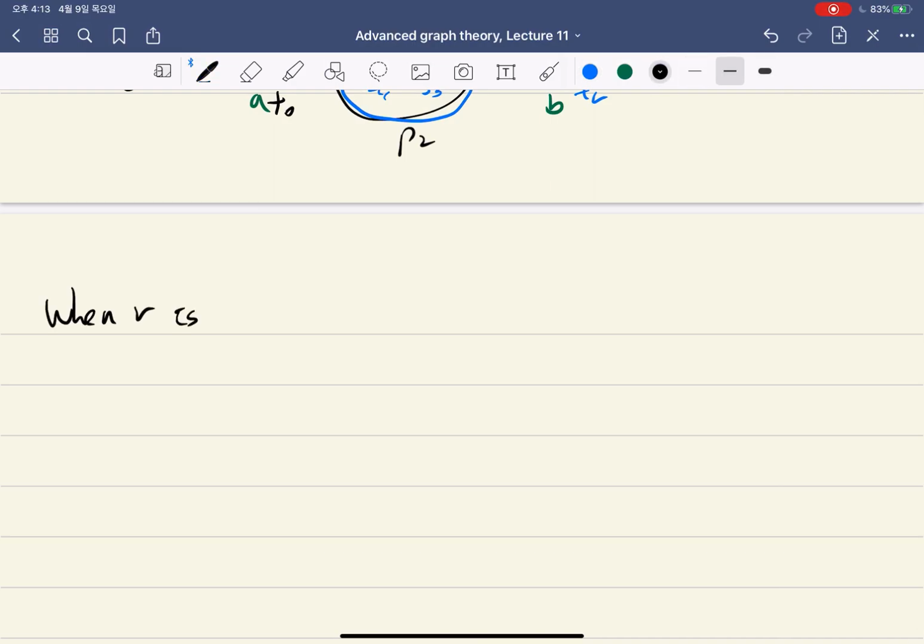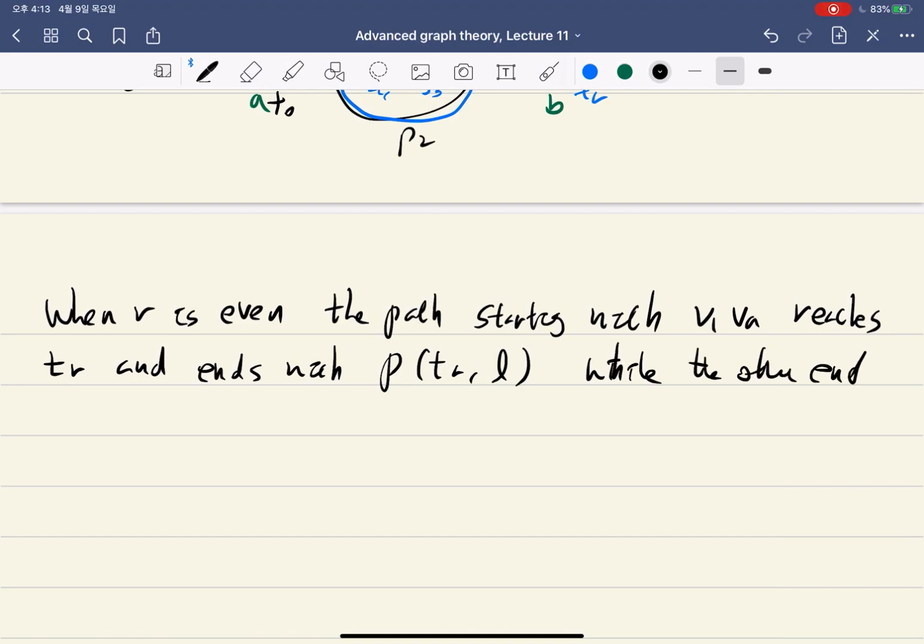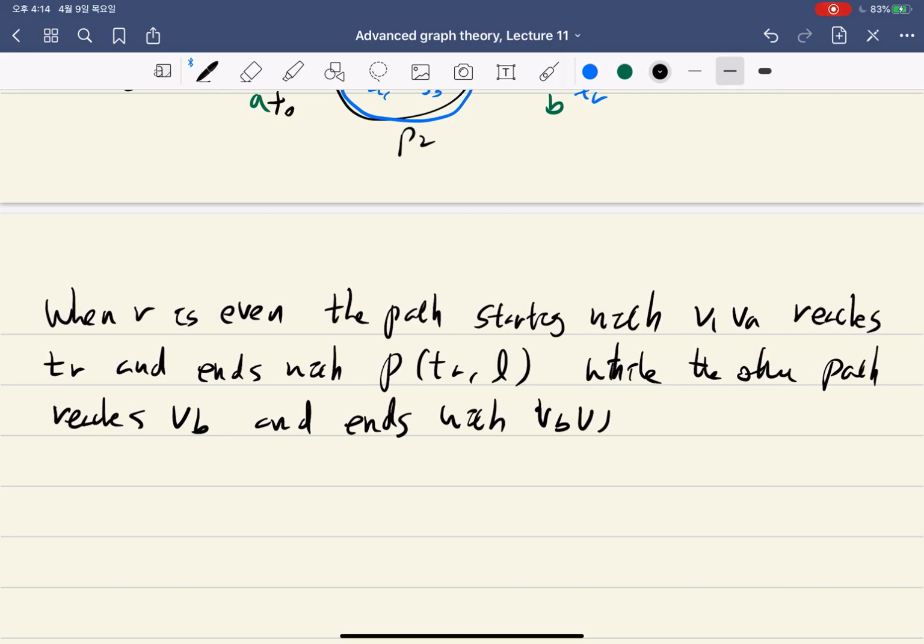Say when R is even, take the path starting with P1, VA, which is say TR, and ends with P TRL, while the other path starts with PB and ends with PB PL.